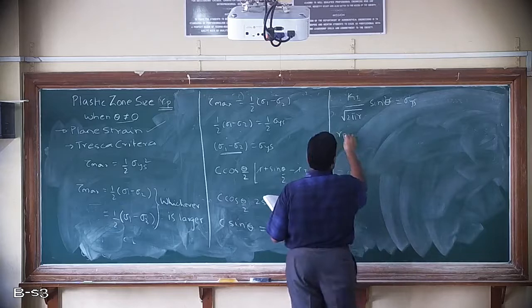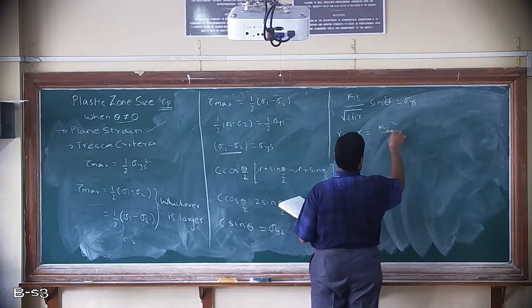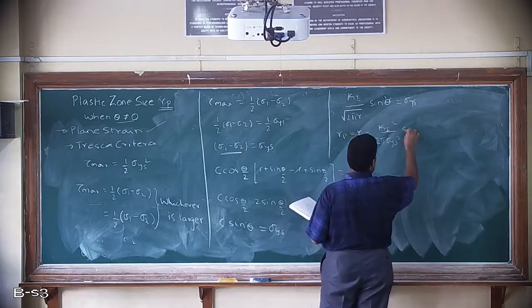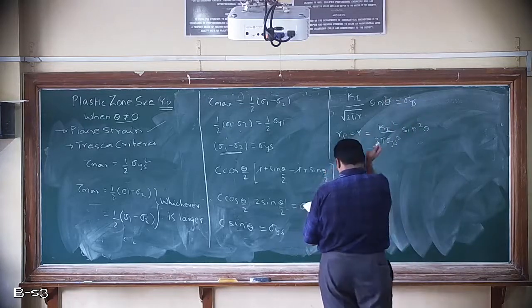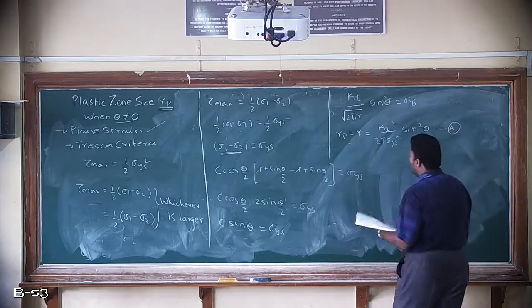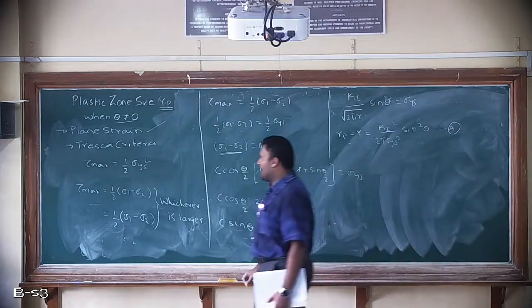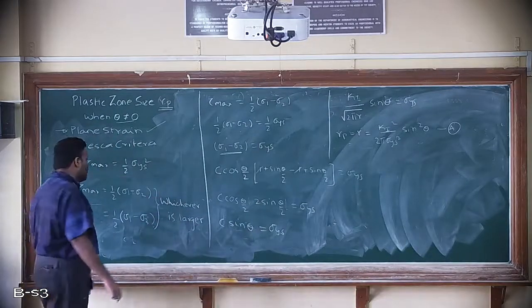Therefore Rp, that is r, will be nothing but Ki square upon 2 pi sigma ys square into sin square theta. Okay, so this is the equation number A when we have the first case, that is tau max is half of sigma 1 minus sigma 2.